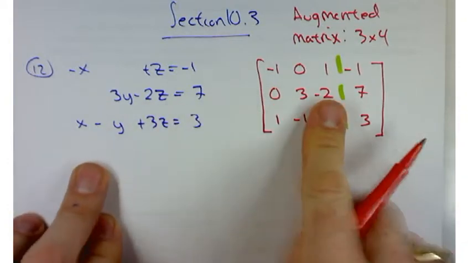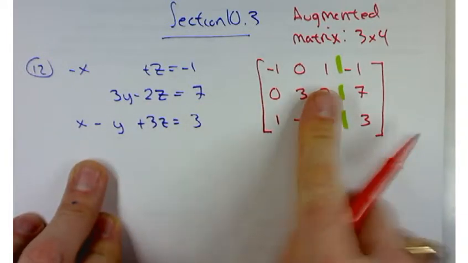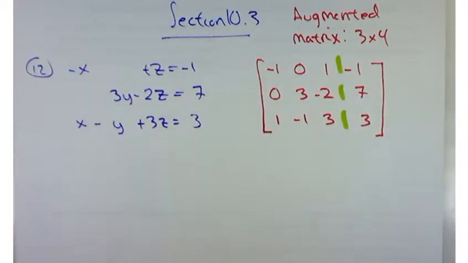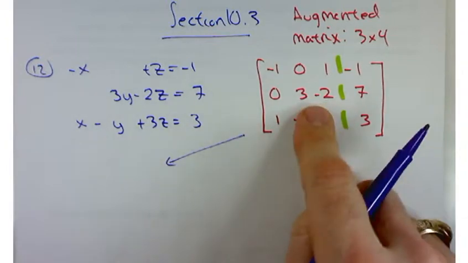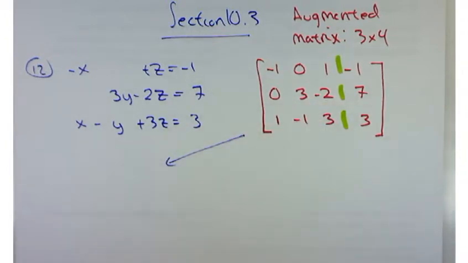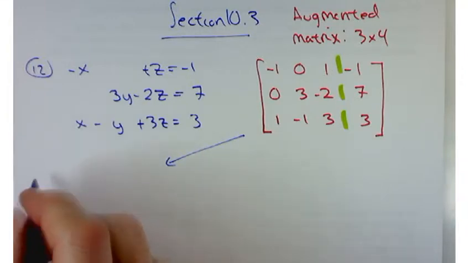So hopefully you're comfortable going back and forth between an augmented matrix and the regular system of equations. It's a nice one-to-one correspondence here. Now, you can manipulate this matrix in ways that we'll practice in a little bit, but you can manipulate it into something called Row-Echelon Form.